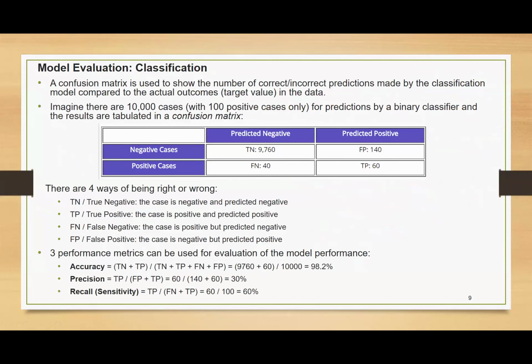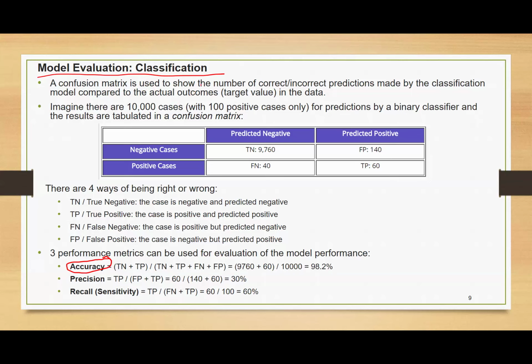Another quite important thing here is the evaluation of the model. In the classification task, how do we evaluate if the model is working well or not? Usually we use accuracy, which you might be quite familiar with. But for all the instances here, we can also have a confusion matrix.